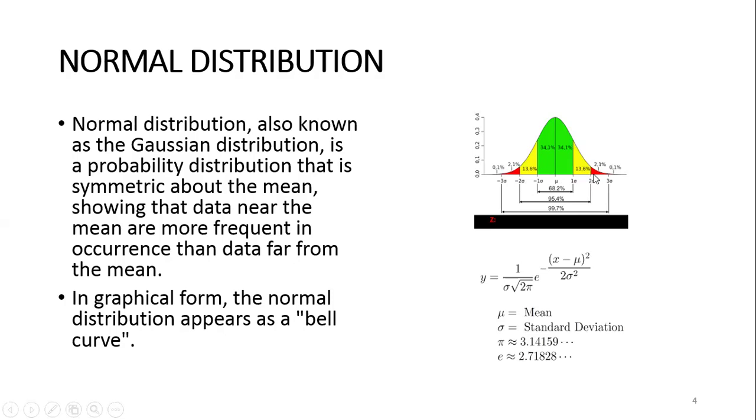So what this is telling you is that most of the data won't be very large. You rarely find a number as large as 3 or as small as -3. So you find them around this range.